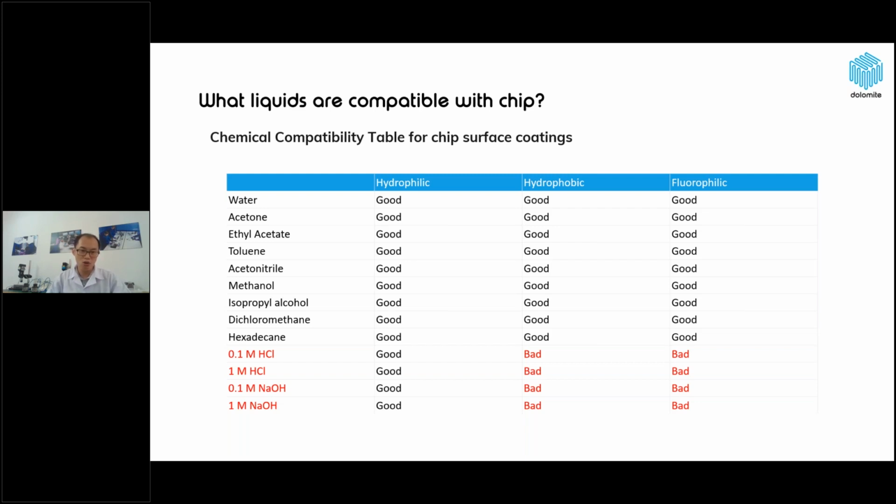For hydrophilic, almost all the solvents that we use, like water, acetone, some organic solvents, or alcohol, and even acidic and base solutions, are very stable and compatible with the hydrophilic surface coating. However, with the hydrophobic and fluorophilic, we have to take note of acidic and base solutions when we use them, because base and acidic solutions can remove the surface coating in the hydrophobic and fluorophilic chips.